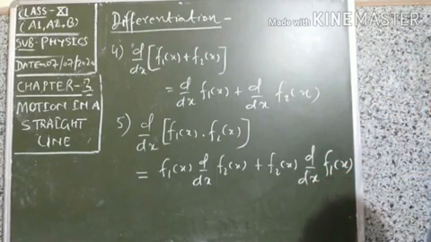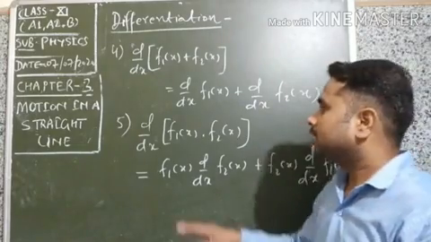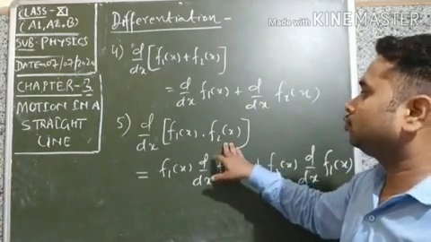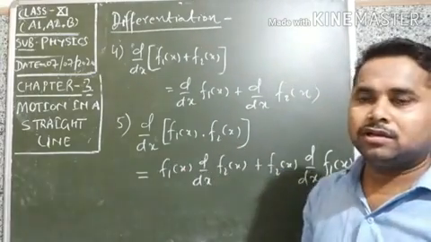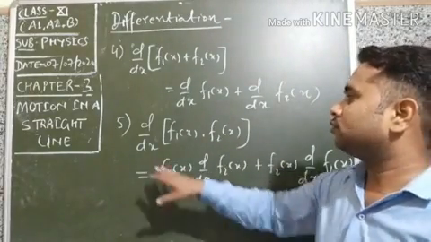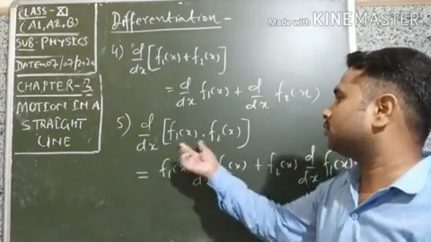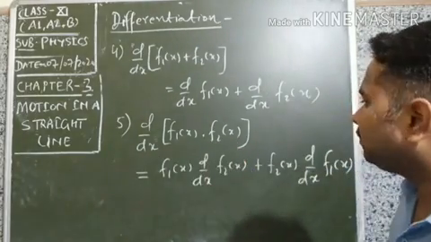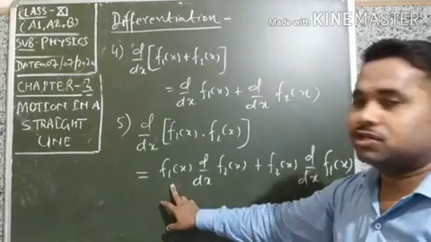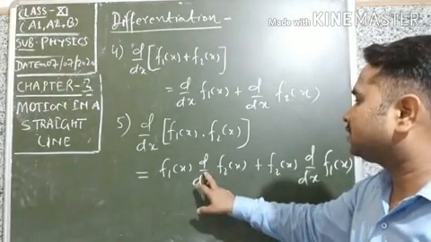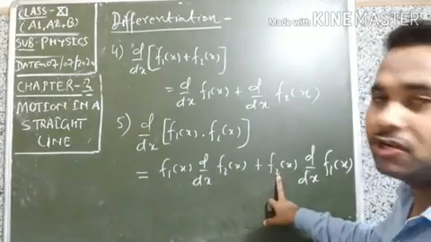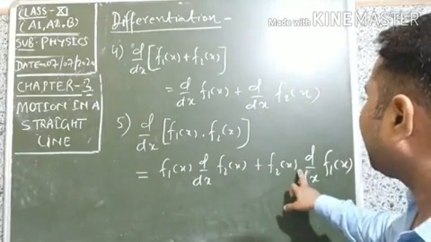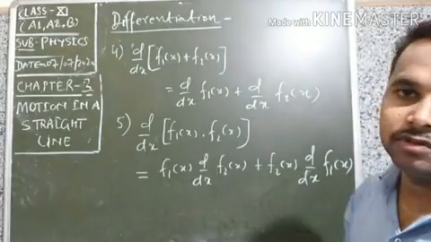See here, a very easy formula. Try to understand. Both are functions of x, and we have to find the differentiation of the product of these two. So what is the method? First function multiplied by differentiation of the second function, plus second function multiplied by differentiation of the first function.